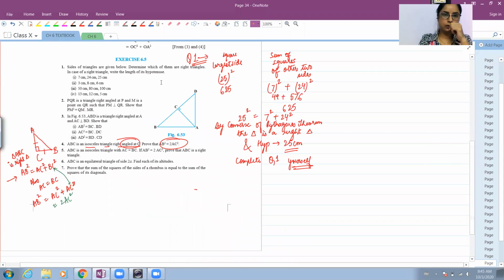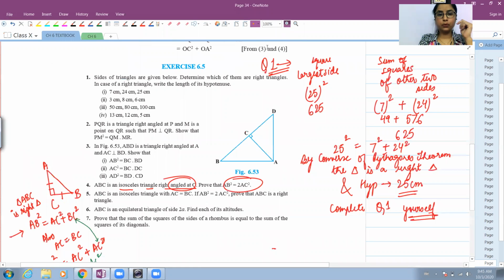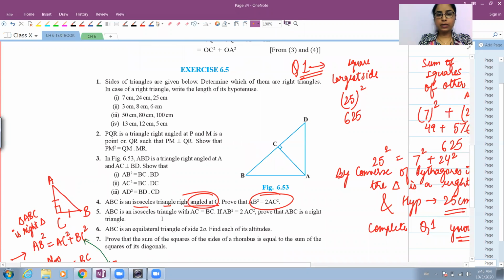Question number 5th. It's the converse of question number 4th. We have ABC an isosceles triangle in which AC is equal to BC. If you compare this statement with the previous one, you will see that one thing is missing now. The triangle is still isosceles, but it is no more a right triangle.